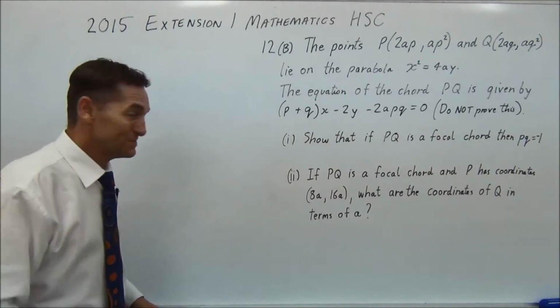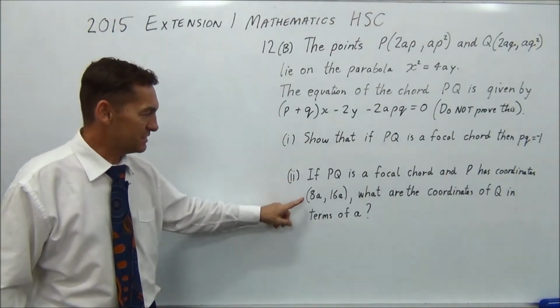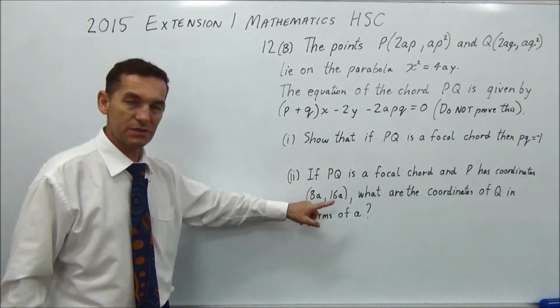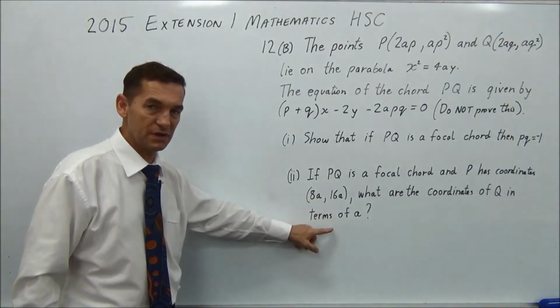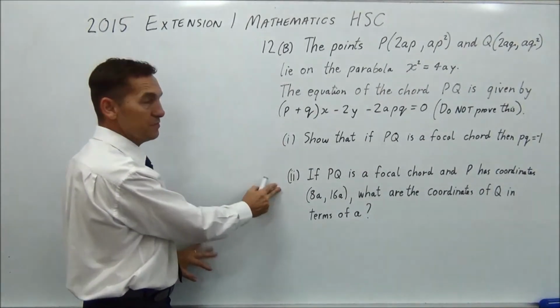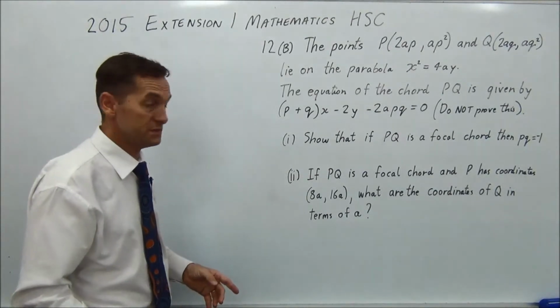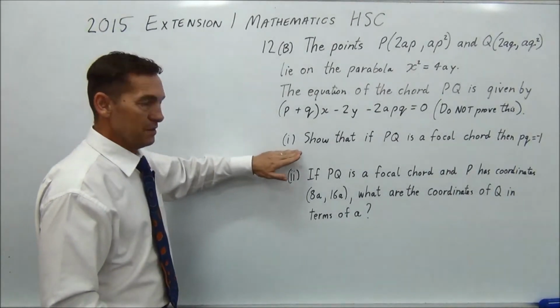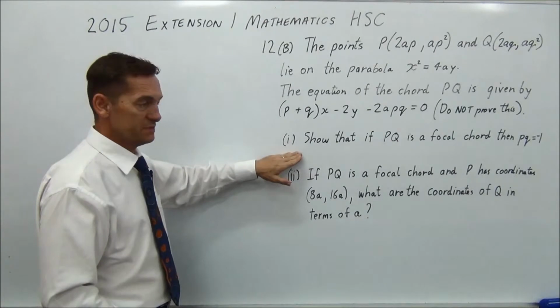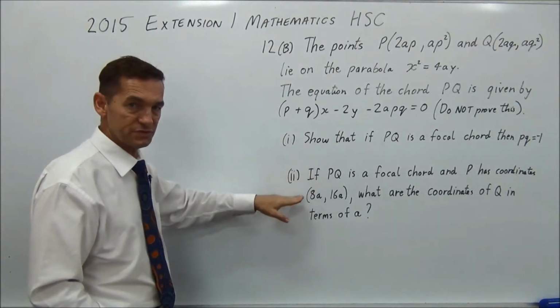G'day again, back for part 2. If PQ is a focal chord and P has coordinates 8A, 16A, what are the coordinates of Q in terms of A? Now, anytime you get a part 1 and a part 2, or even a part 3 and a part 4 in Extension 1, or for that case Extension 2, look at this part 1. Whatever this is, you're probably going to use this because they're progressive questions.